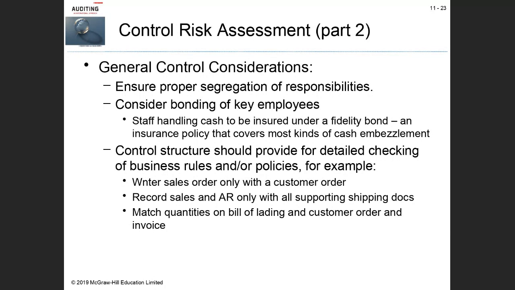Now, in addition to these general control considerations, which exist in each of the accounting cycles, there's a subset referred to as application controls. Application controls are controls which are relevant to each particular cycle. In this PowerPoint, at the bottom half, it says the control structure should provide for detailed checking of business rules or policies. This detailed checking, these are the application controls.